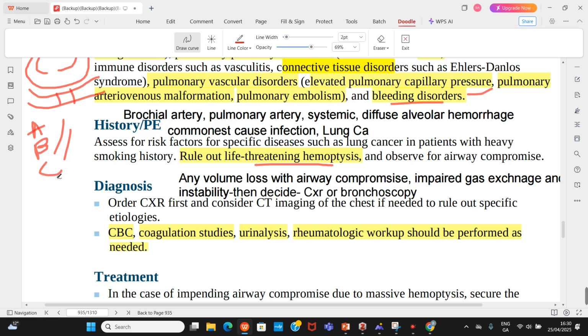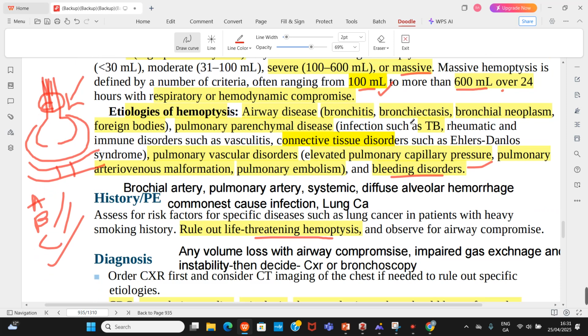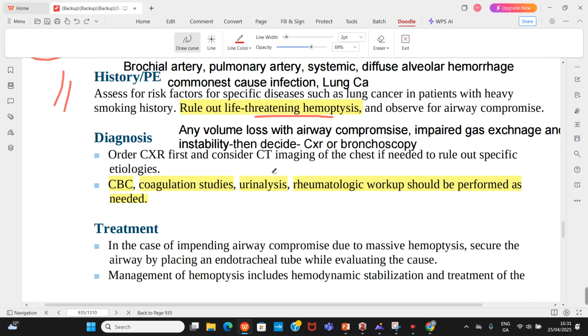If the person is stable, you might now order a chest X-ray. Lung cancer, bronchiectasis, parenchymal problems like TB, all those will be quickly picked up with your chest X-ray. You can have a deeper look by ordering a CT that could give you a closer look at whatever you are dealing with.